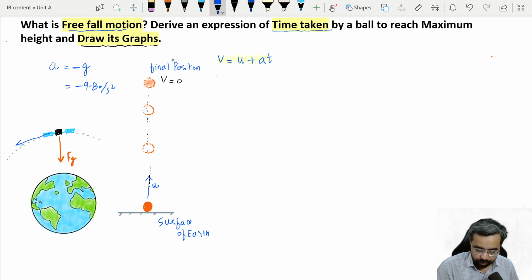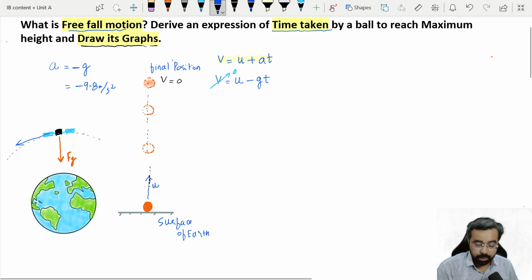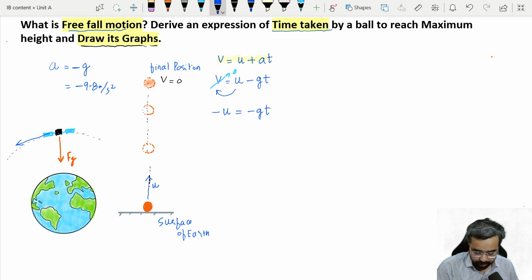Now we can write this equation for our free fall motion as v equals u minus gt. The final velocity is zero at maximum height, and then you can take u to the other side, so it will be negative u equals negative gt.